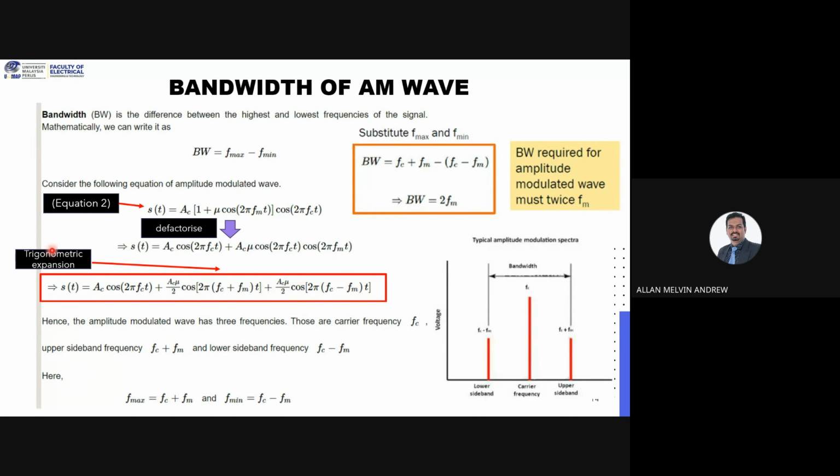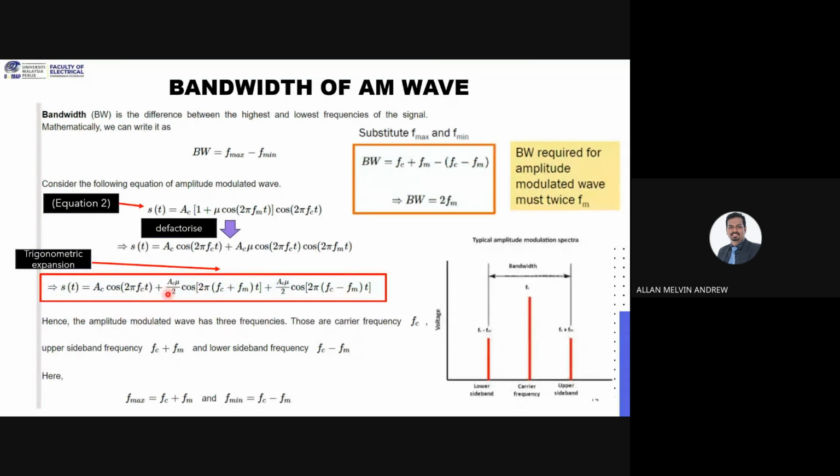This is a trigonometric expansion, if you still remember your mathematics. Only this part, because it has two cos, we expand it into separate components.